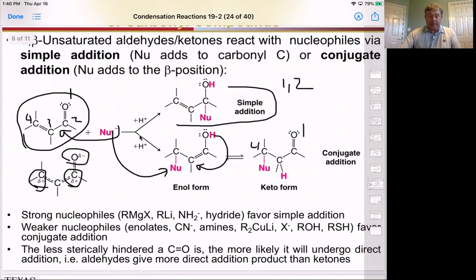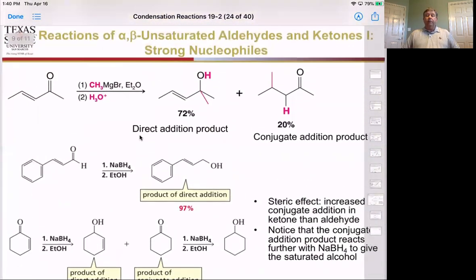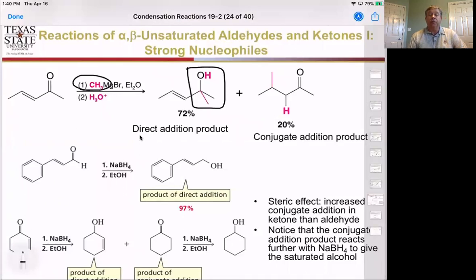Okay, so let's look at that as a function of the strength of the nucleophile. Again, like I said before, if we have a strong anion, like in the case of a Grignard reaction, the major product is going to be our simple addition, our 1,2 addition here, with a bit of our minor product being the conjugate addition here. So if we think about it, that is a very strong anion.